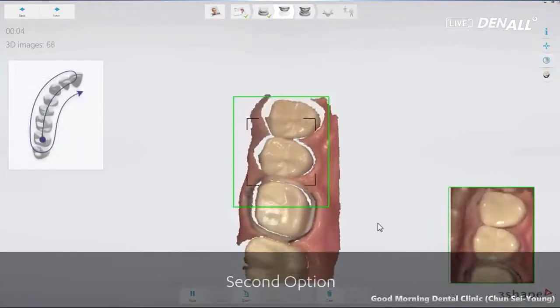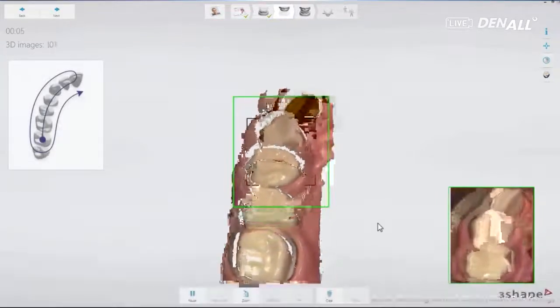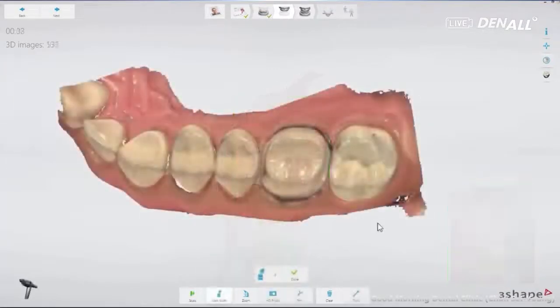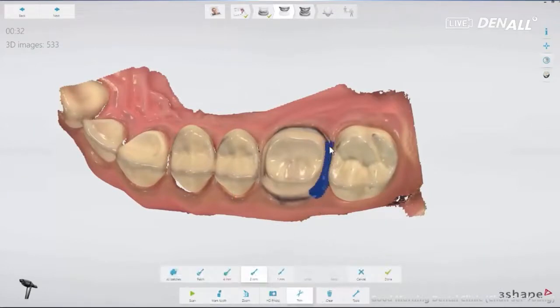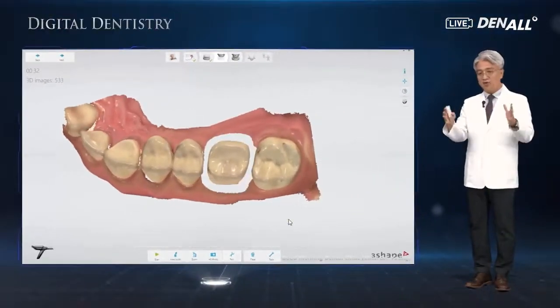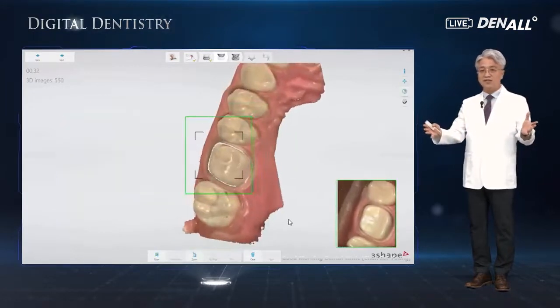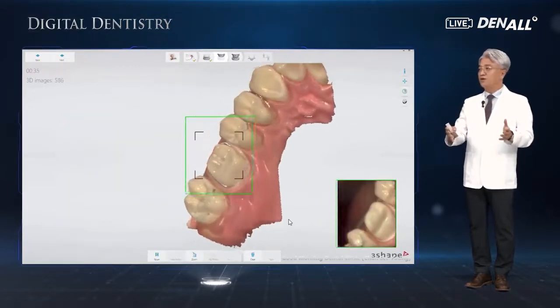The second option, gingival cord packing is done. The whole quadrant scanning is done first. Precise margin or contact area with the adjacent teeth or missing is trimmed or deleted, and it is scanned again after moisture control or gingival cord packing.